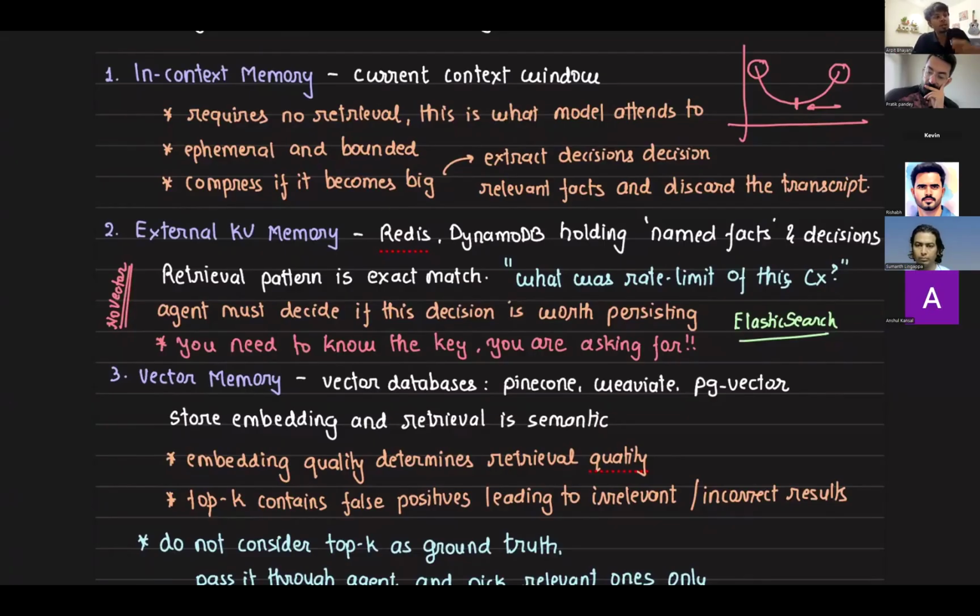Okay, now who decides what to retrieve and how to retrieve and what's relevant? Again, it depends on your use case, but I'll take two examples. First, it's not always going to be a semantic lookup or a semantic retrieval that you are doing. Sometimes the information is like: what was the rate limit of this customer? Don't think of this as a prompt, think of this as a requirement that you want to bring in.